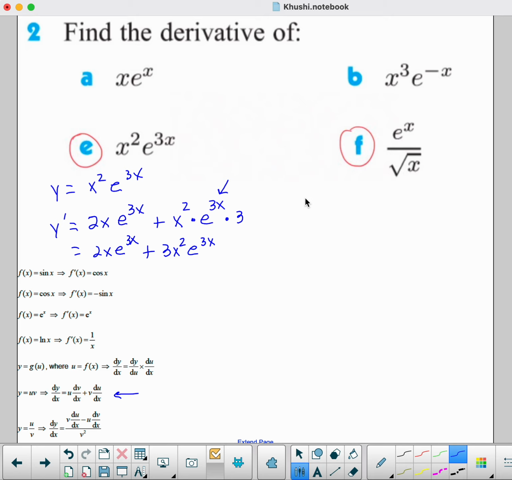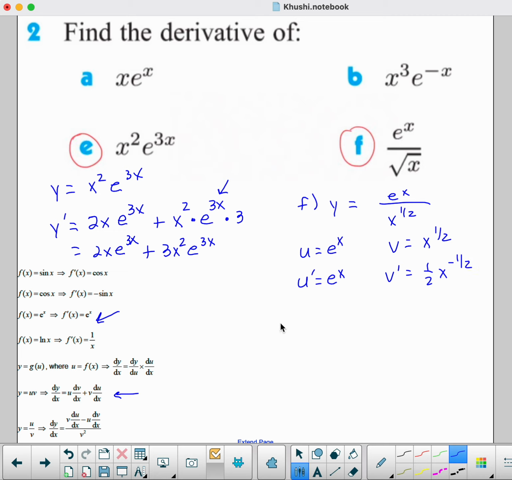F, quotient rule. So I'm going to rewrite it as y equals e to the x over x to the 1/2 power. U equals e to the x, du, what? We love e. Derivative of e to the x is e to the x. Yay! V equals x to the 1/2. dv equals 1/2 x to the negative 1/2.